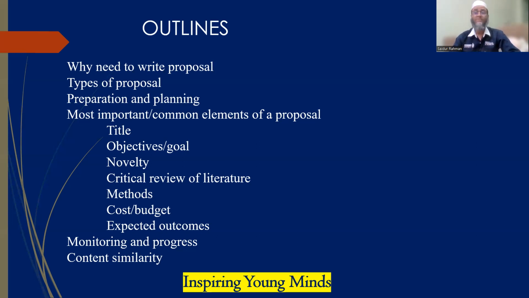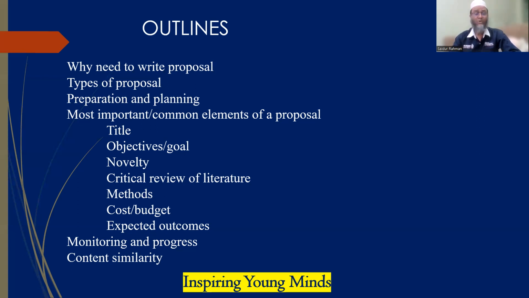They forget, sometimes they are careless, and as a result they may have some issues with content similarity. Sometimes this minor, small issue may become a major issue, because some panel members, examiners, or reviewers may check the whole content through content similarity software.